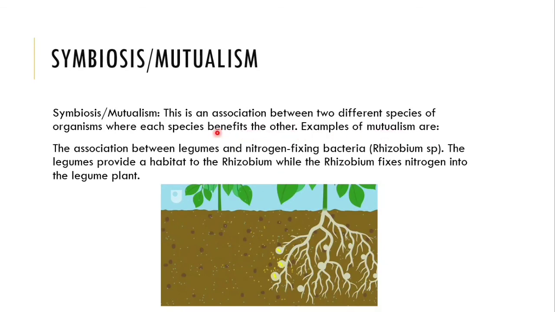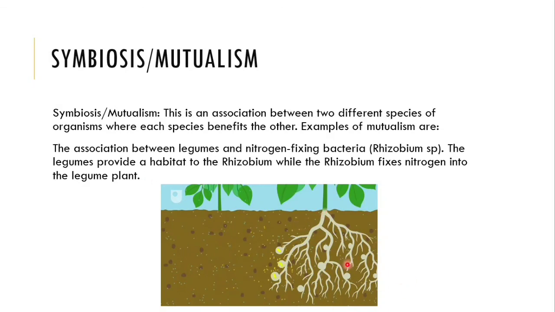An example of mutualism is the association between legumes and nitrogen fixing bacteria, which is rhizobium in this case. The legumes provide a habitat, a place for the rhizobium to stay, while the rhizobium will fix the nitrogen for the legume plant.